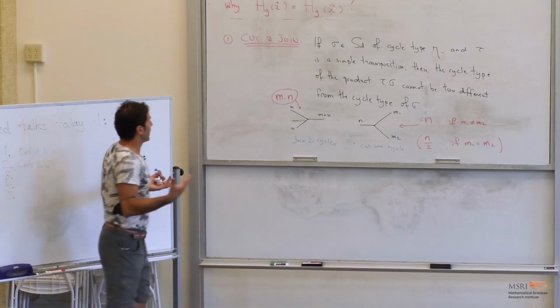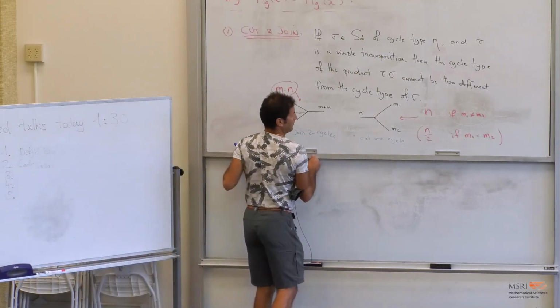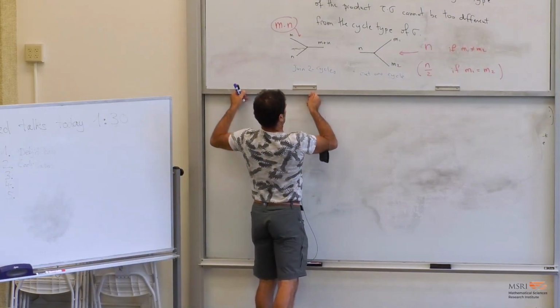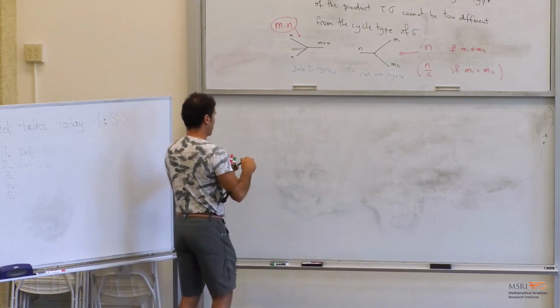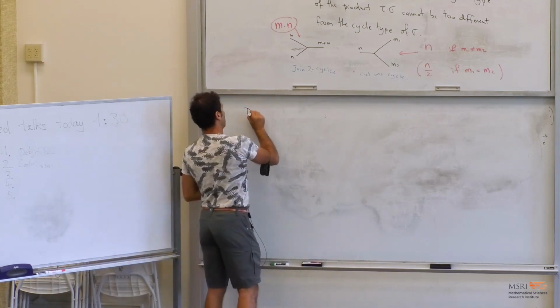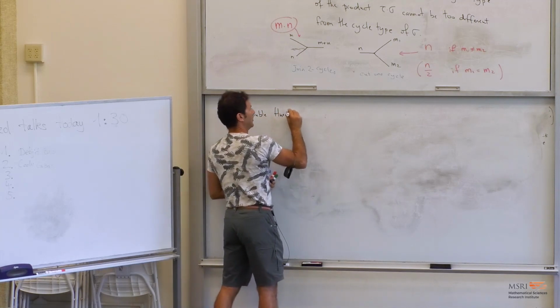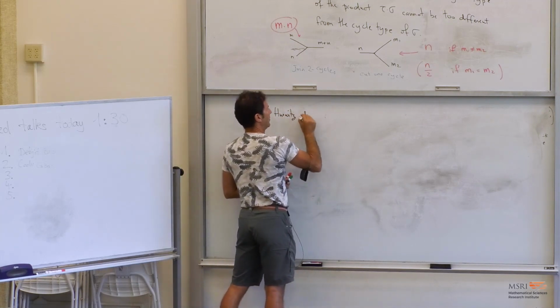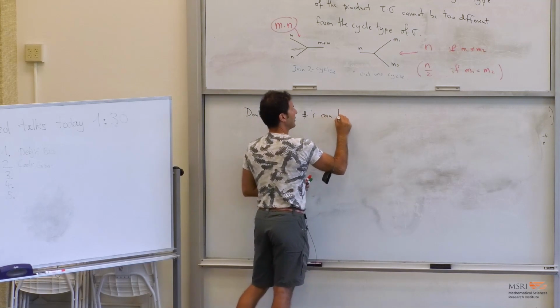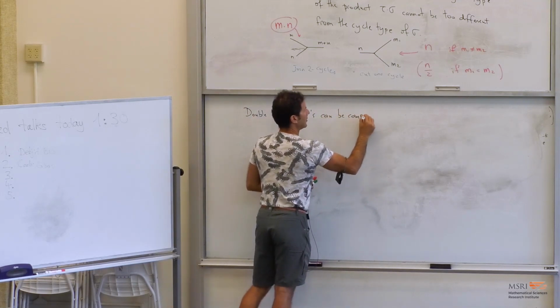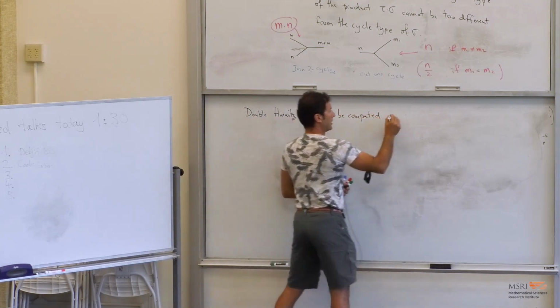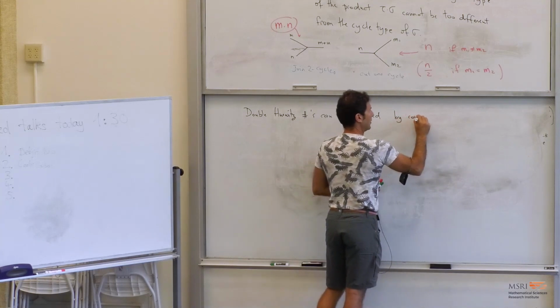So let's remember, one way to count double Hurwitz numbers can be computed by counting monodromy representations.